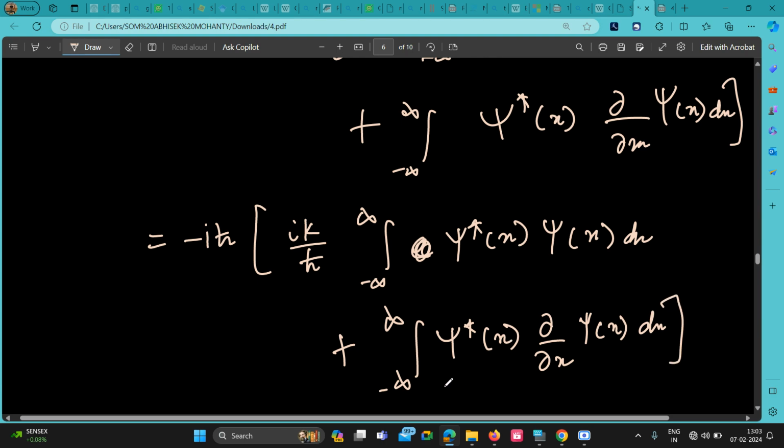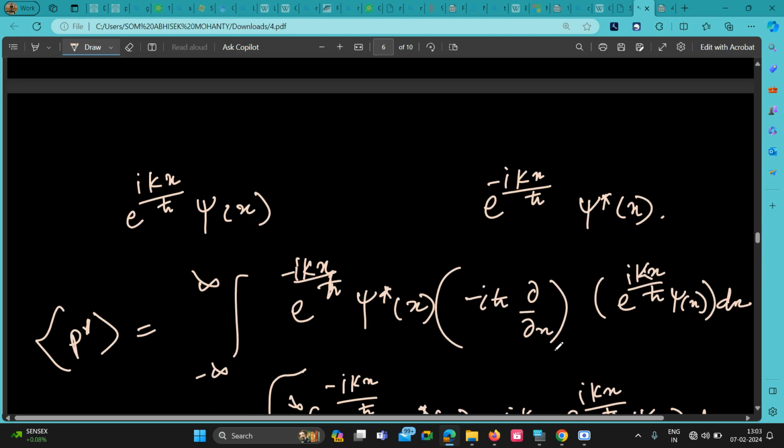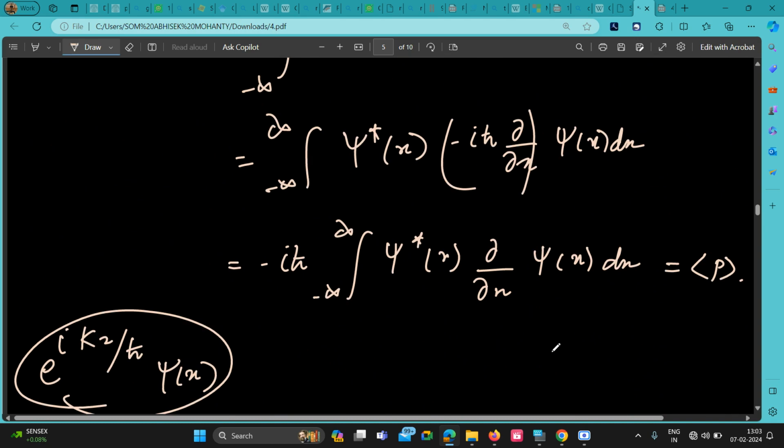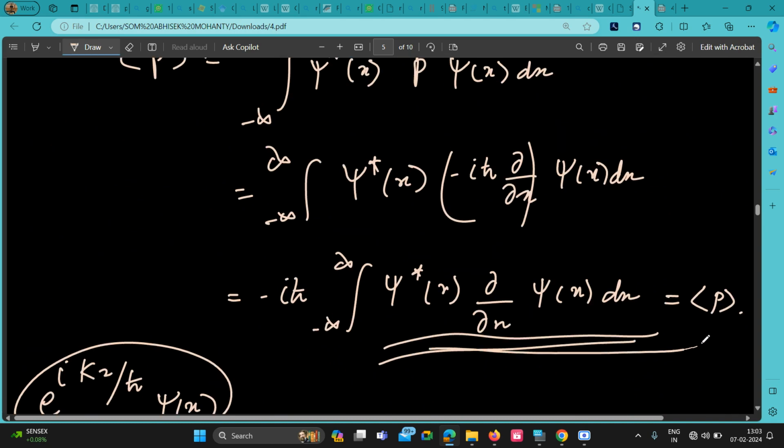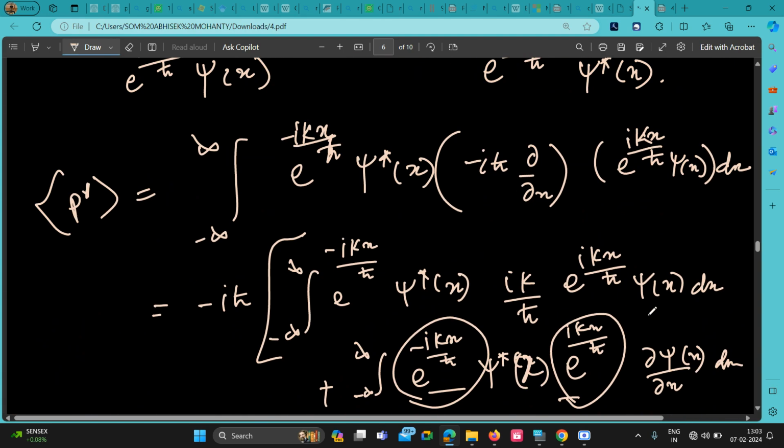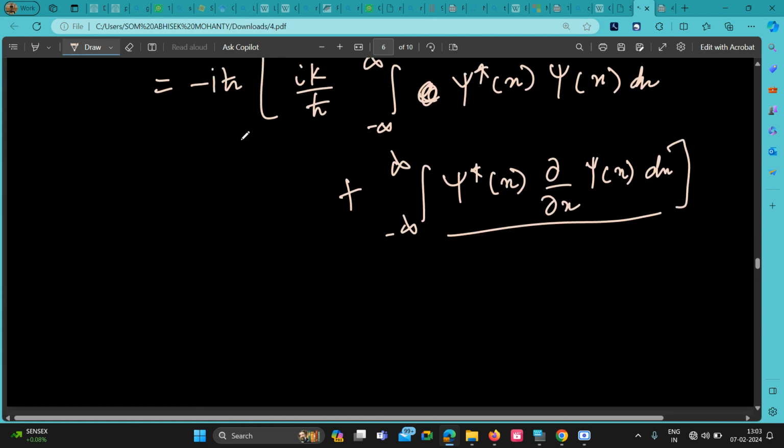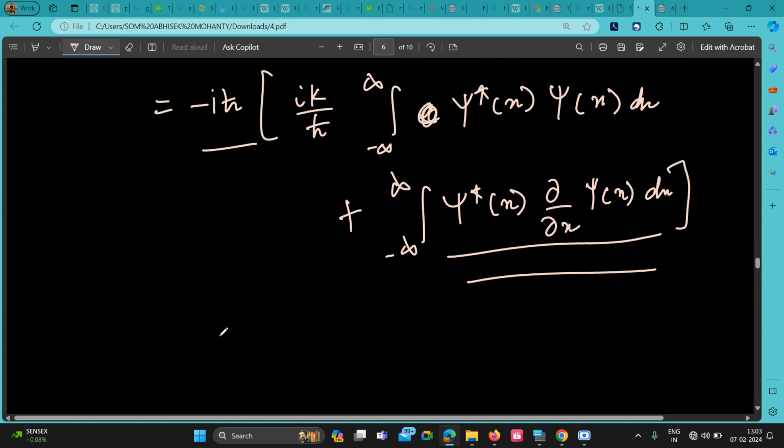Now if you remember, this term is actually what? Yeah, see, same term. So this is your p, isn't it? So that is your p, minus ih cut into this is actually p, like expectation value of p. So I can write it here. See, I will just multiply now. Minus ih cut into ih cut by k. So, ik by h cut, sorry.